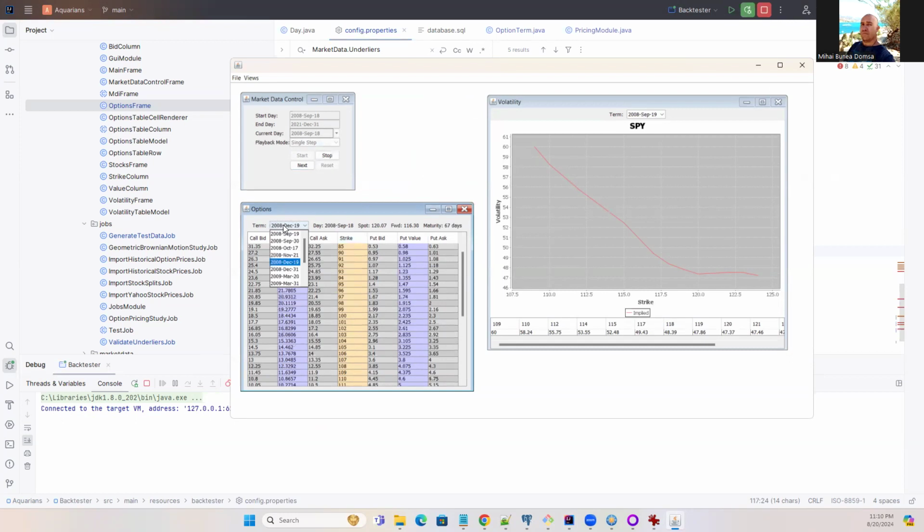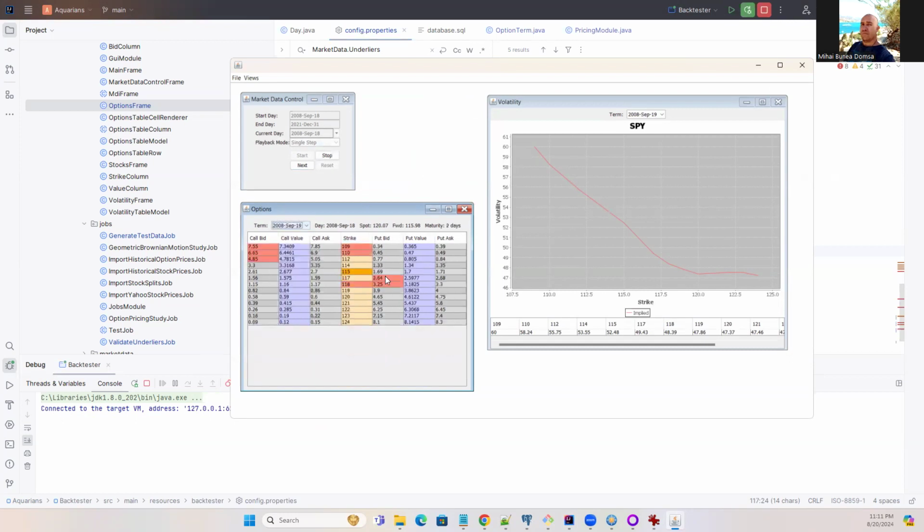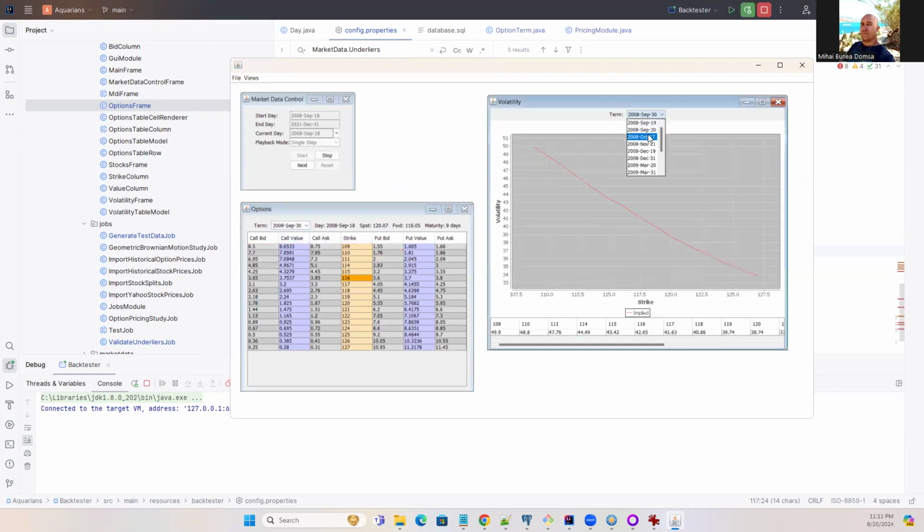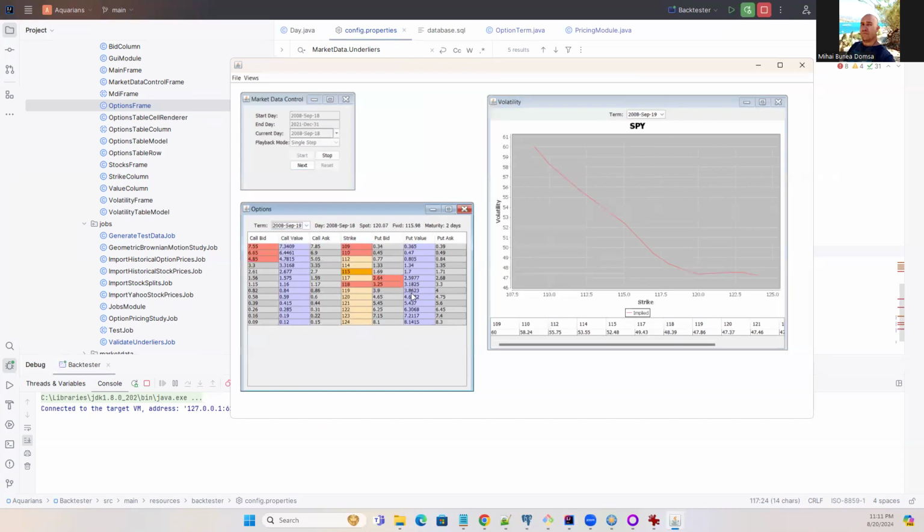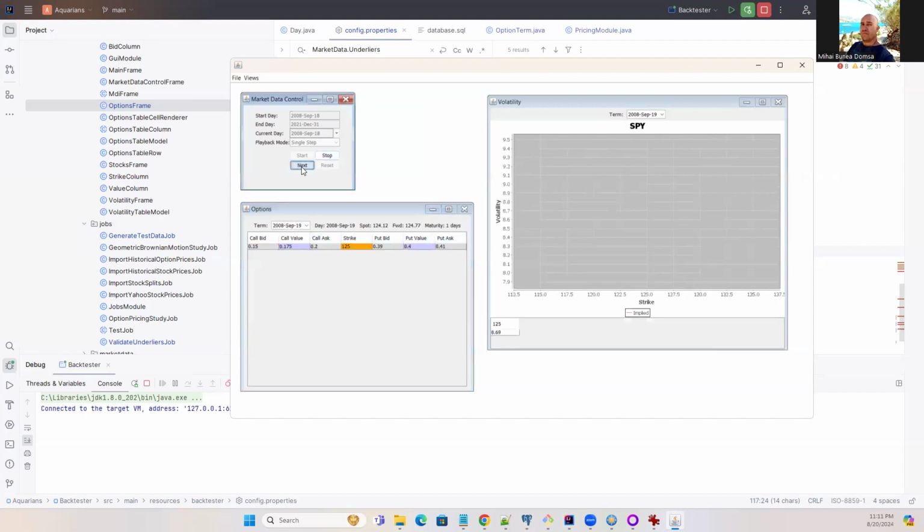And notice that all the terms are almost perfect, so no arbitrage at all, except for the very first term, which seems always to be the one causing trouble, especially when it's approaching expiry.